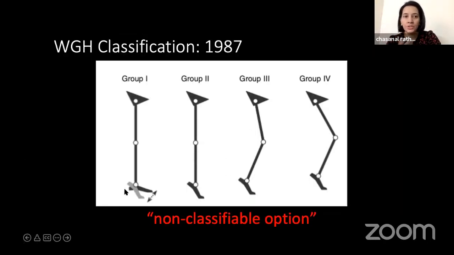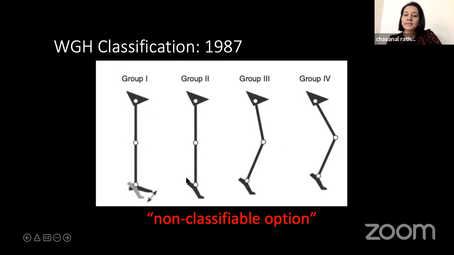The whole thing changed. And way back then, Winters and Gage, they all classified the gait patterns into sagittal gait patterns. And these were clinical gait patterns as well as gait patterns which could be used in a lab. They just looked at patients from the side and classified them as group 1, 2, 3, and 4, depending on what the movement at the ankle, knee, and hip was.